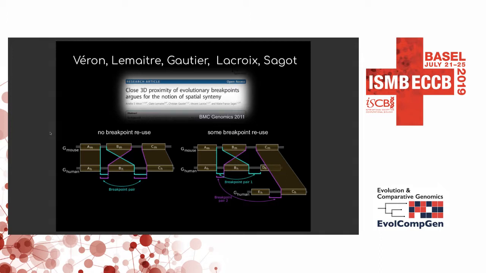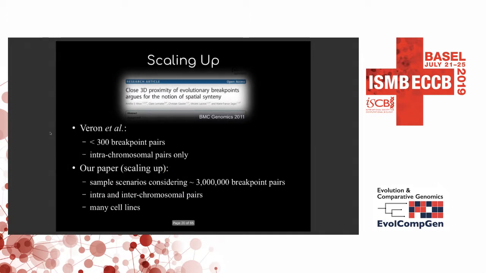Most of the cases where there's breakpoint reuse, you lose all the information when you're approaching the problem this way. So they were able to look at less than 300 breakpoint pairs, and they didn't have enough power to look at interchromosomal pairs, so their results were all about intrachromosomal pairs.